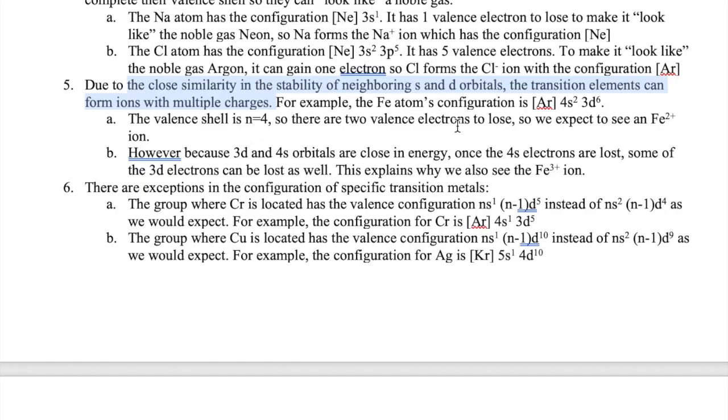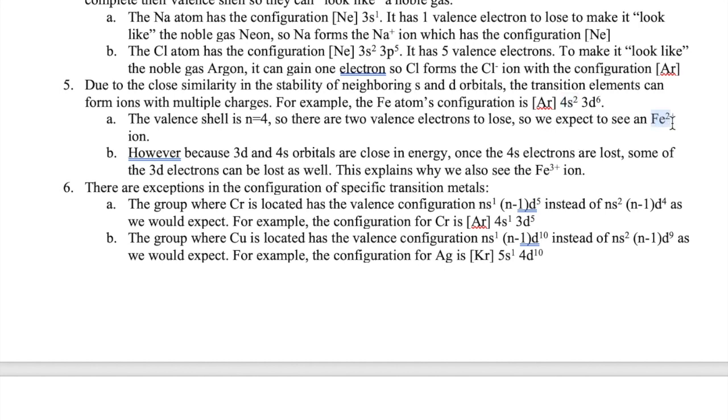This gives rise to things like multiple charges, which we had talked about when we discussed nomenclature. For example, if you look at iron, it has 26 electrons. Its electron configuration is argon, followed by 4s2 and 3d6. So the valence shell here is 4, and it has those two valence electrons. So it's going to lose two of those to form an ion that has the stability of a noble gas.